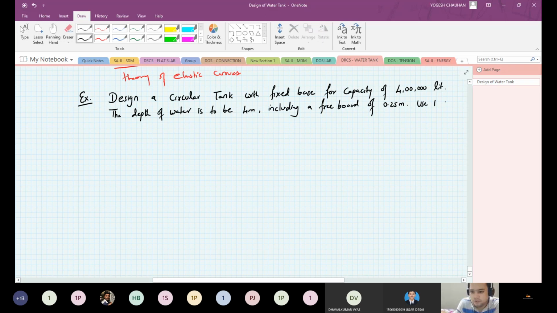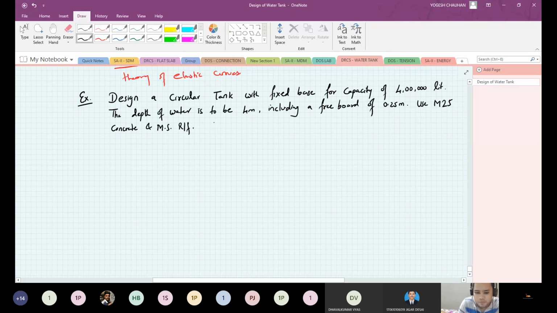Use M25 grade of concrete and mild steel reinforcement.